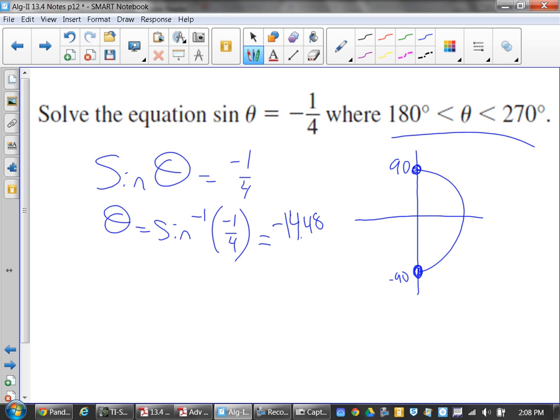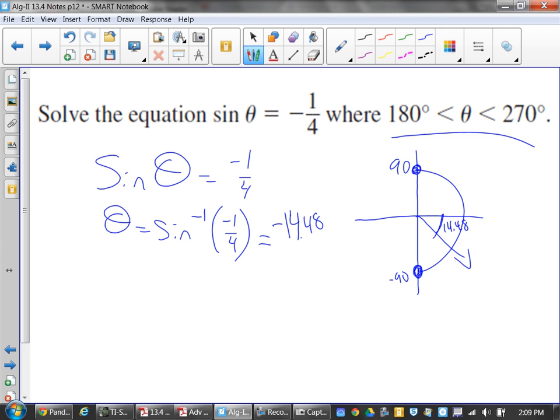So that means that, according to my graph, it's down here somewhere. It has a reference of 14.48. Everybody okay with that?